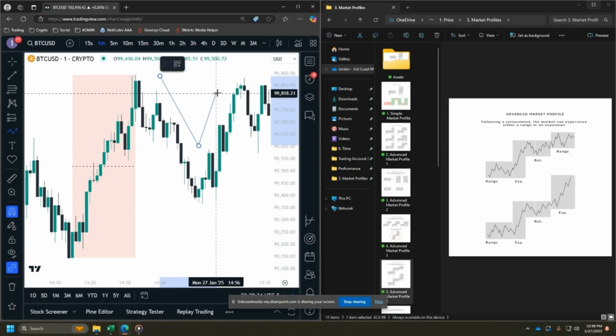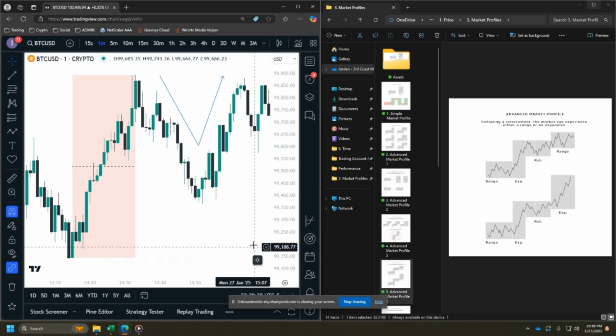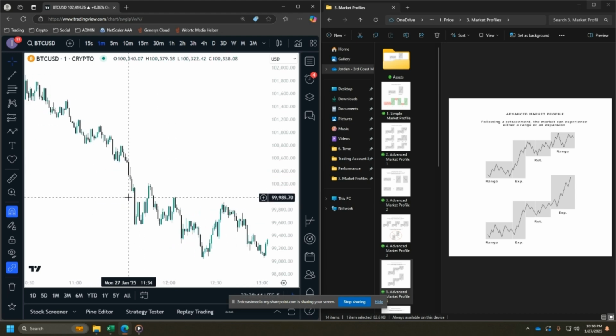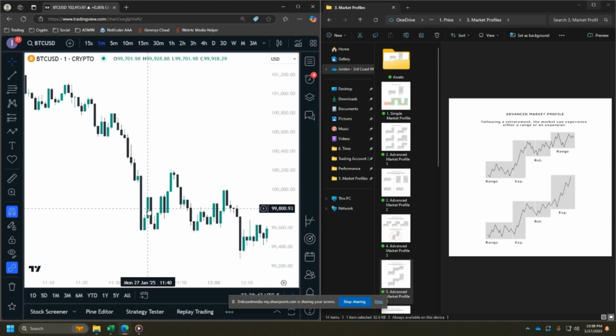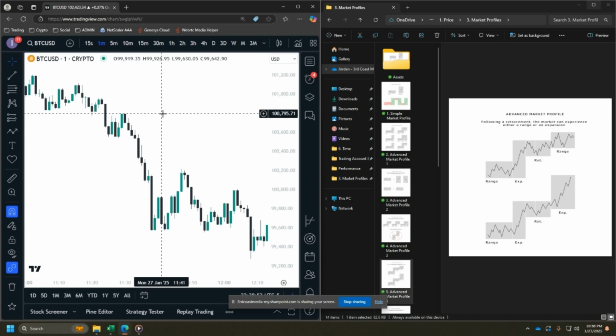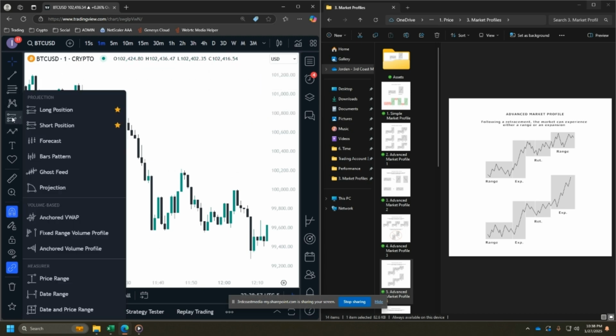And then we have a retracement. You can see another spot. Let's look for something else. Okay, so we can see this one here is a little bit different, but same concept nonetheless.